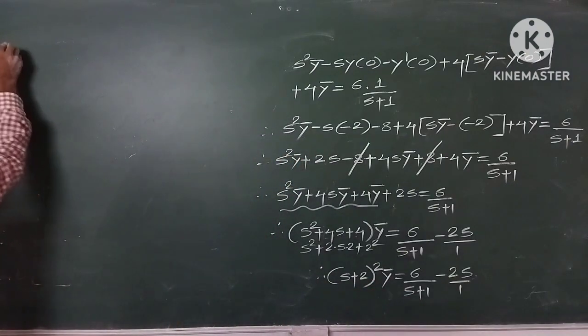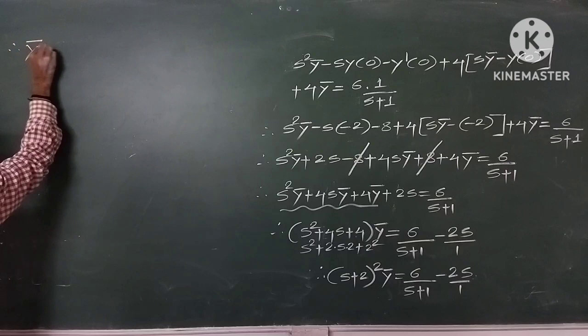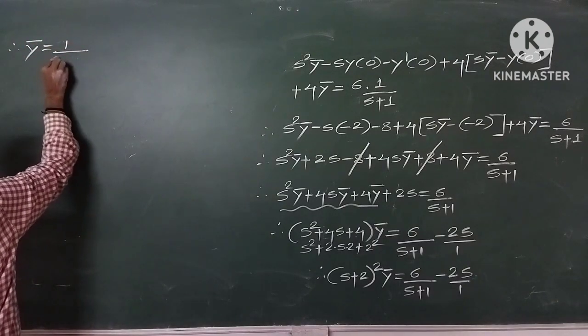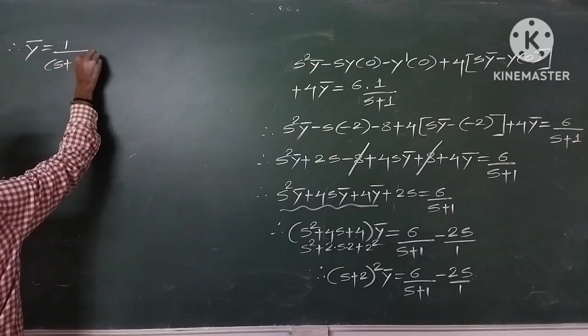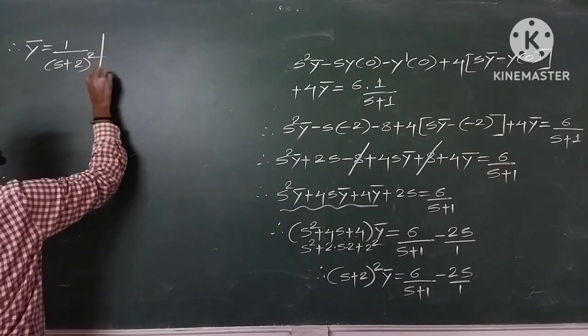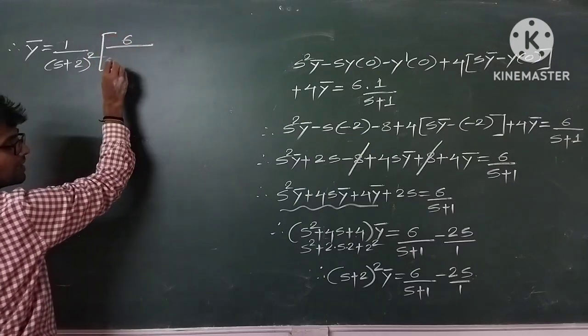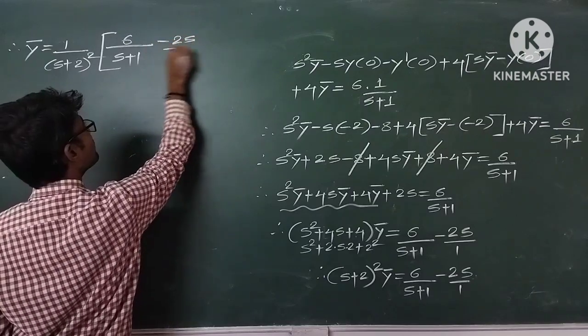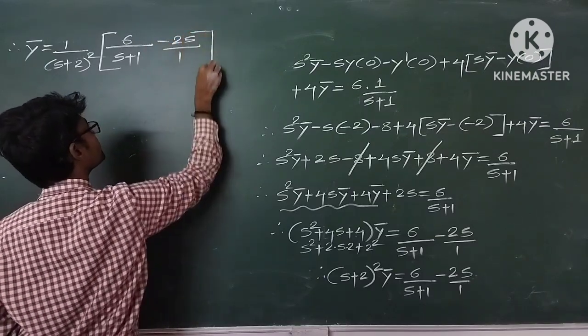So y bar is equal to 1 divided by s plus 2 whole square, and inside a bracket I will write 6 divided by s plus 1 minus 2s divided by 1.